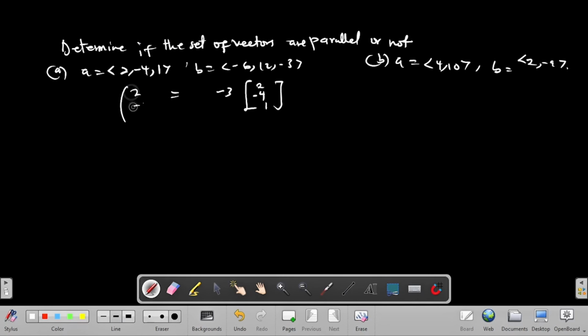The only difference is that this is negative 3 times the other. Therefore, these vectors are parallel. For the second set, I have 4 and 10. When I break it down, I have 2 out, giving 2 and 5. When I come to the B part, I have 2 and negative 9. They are not the same, so these are not parallel.